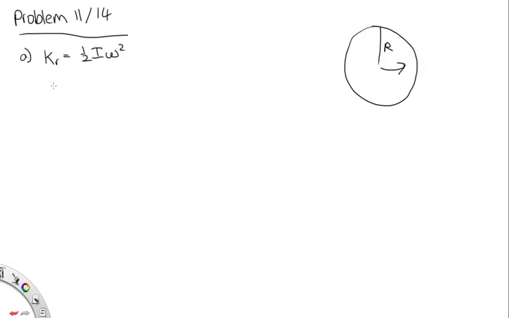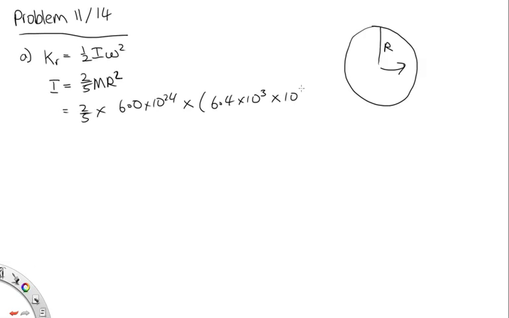Now the Earth's a sphere, so the moment of inertia of a sphere is given by 2/5 mr squared, which is equal to 2/5 times the mass of the Earth, 6.0 times 10 to the 24 kilograms, times the radius squared, which is 6.4 times 10 to the 3 kilometers. So putting that in meters.